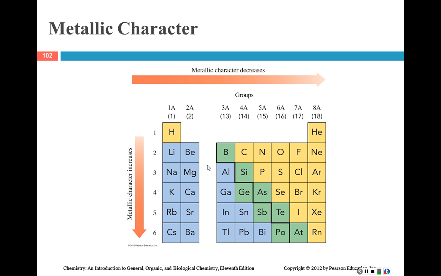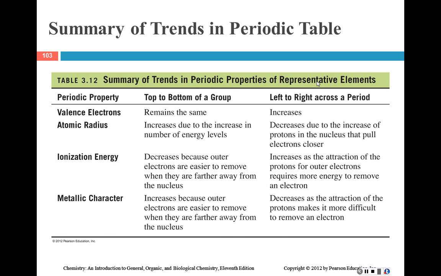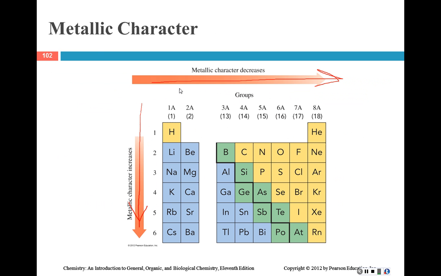So metallic character also increases as you go down a group. It also decreases as you go left to right. And that one makes total sense because you're going towards nonmetals, right?